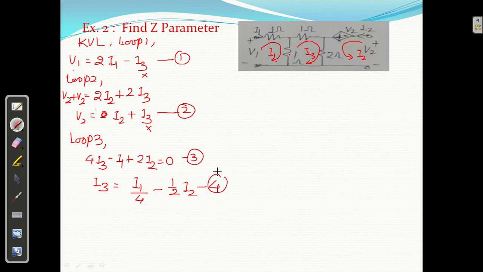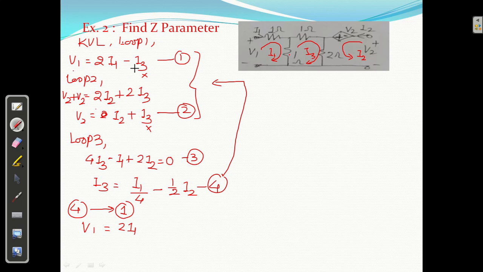So we will put the value of I3 from 4 in these two equations. I don't want I3 here. So when you put the 4 in 1, so put 4 in equation number 1, right? So you will get V1 equal to 2I1 minus I3.